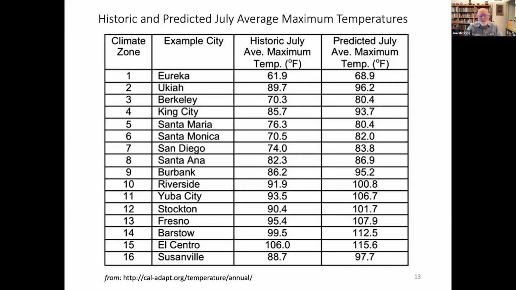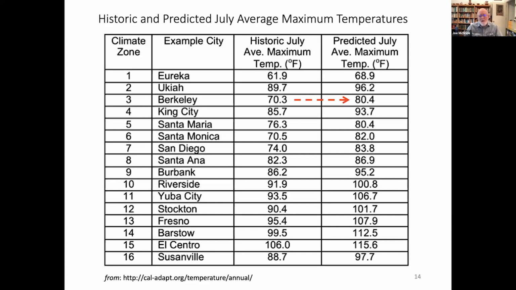Our example city of Berkeley, California, currently has a historic July average maximum temperature of about 70 degrees. And by the year 2099, that will rise to 80 degrees. It'll be a 10-degree increase in the maximum July temperatures.